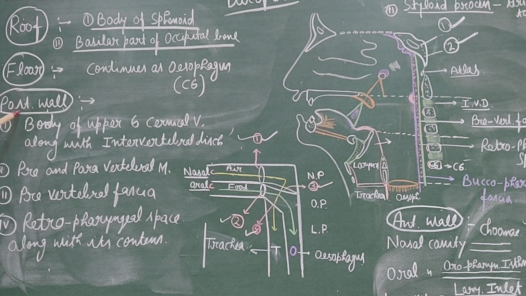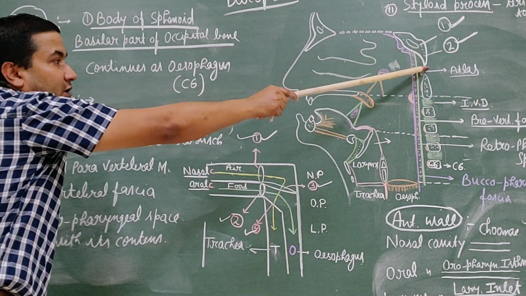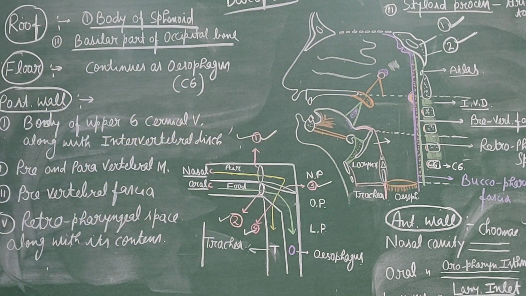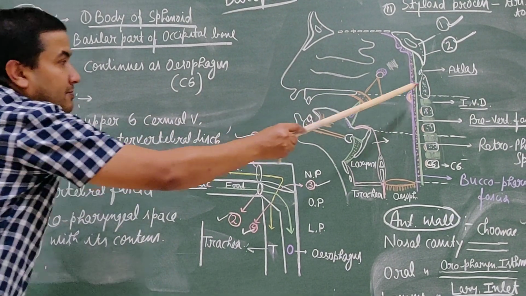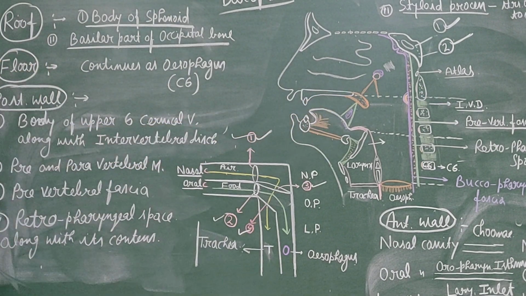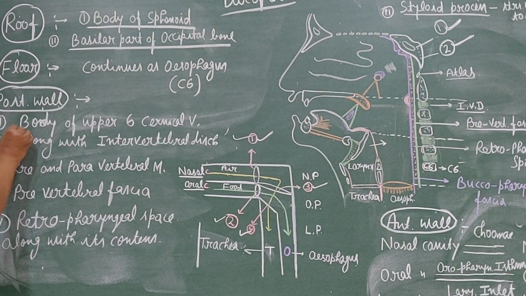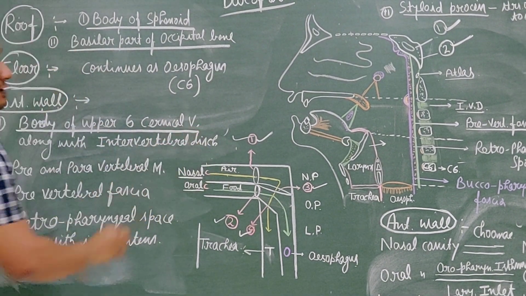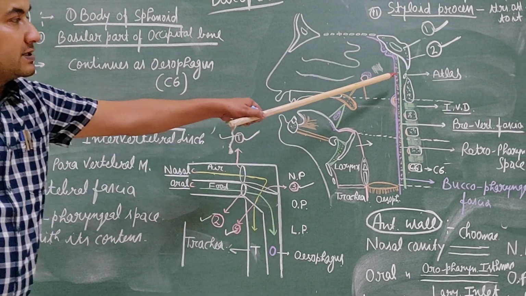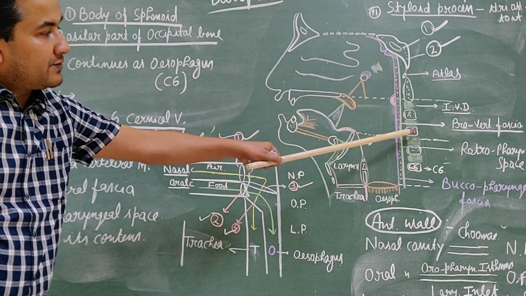Now the posterior wall. This is the posterior wall. The posterior wall, from behind to front, is formed by the bodies of the upper 6 cervical vertebrae: first, second, third, fourth, fifth, sixth.